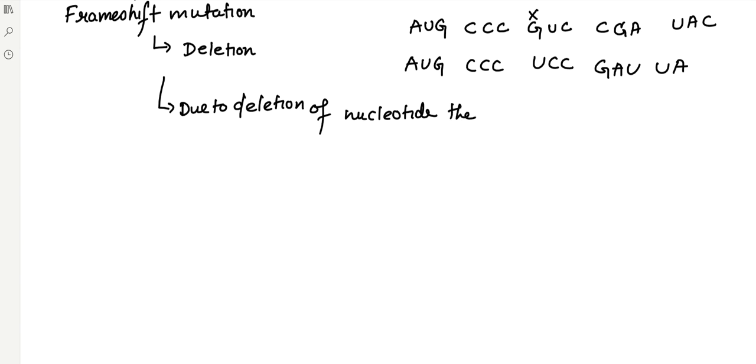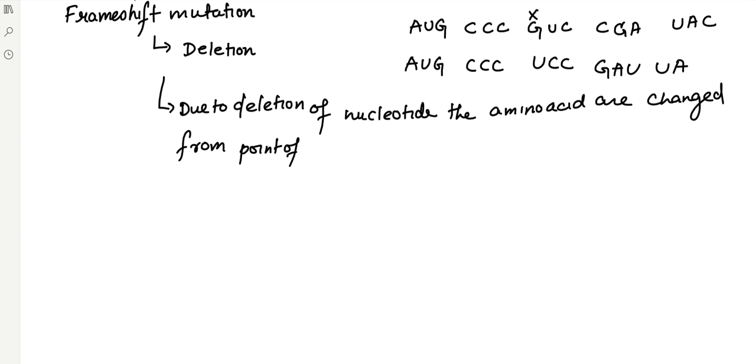The amino acid are changed from point of deletion. From point of deletion. Let us see सही है कि नहीं जो हम लोगों ने लिखा.